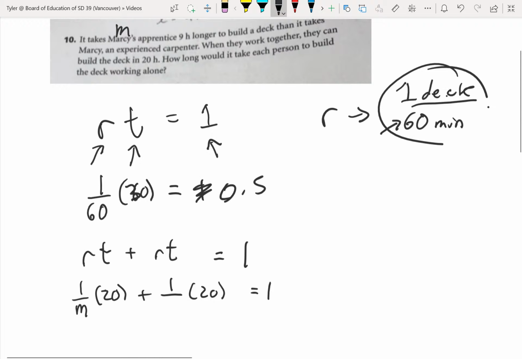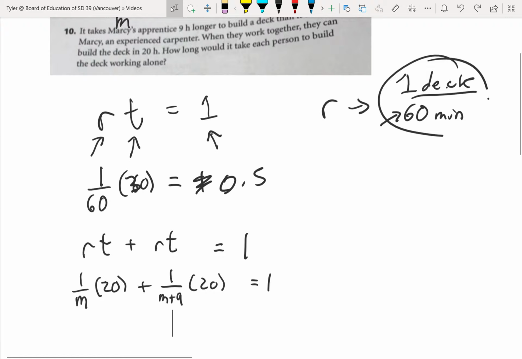Now, the apprentice's rate is going to be 1 over m plus 9, because here it said it takes her 9 hours longer to build. So now that you have that set up, you can solve the rest of it. All you need to do is multiply everything by m plus 9, then factor and solve. That's the last unit. That's stuff you should know how to do easily. This is the hard part. The new thing is setting up these equations based on the word problems.